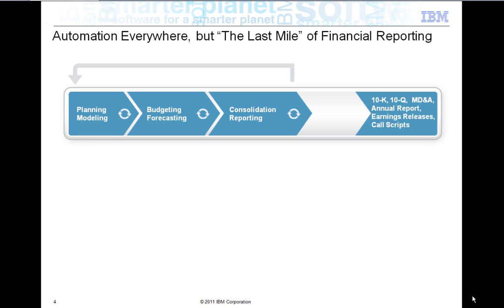However, the last mile, where you find yourselves in the XBRL mandate, is about creating some of the most highly visible, highly sensitive, and highly scrutinized documents your organization will ever produce, such as, but not limited to, 10K documents, 10Q documents, MD&As, annual reports, earnings releases, and call scripts.